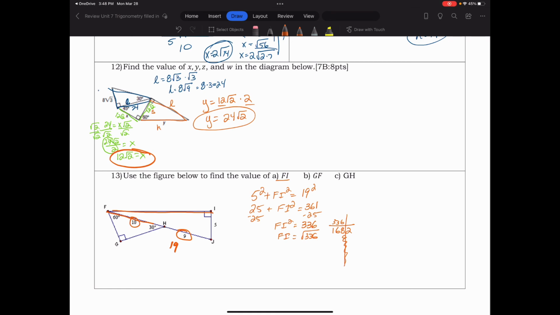Okay, yeah, 168. 168 divided by 2 is going to be 84. 84 divided by 2 is 42. 42 divided by 2 is 21. 21 divided by 3 is 7. 7 and 1. So for FI, I'm going to have a 2, a 2, and a 3, and a 7, which is 4 radical 21.